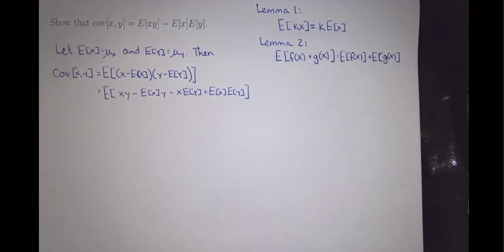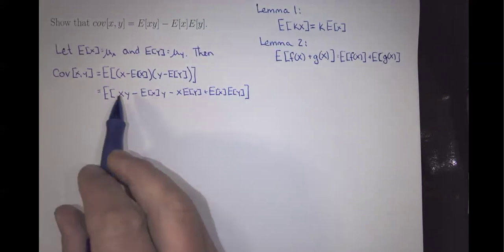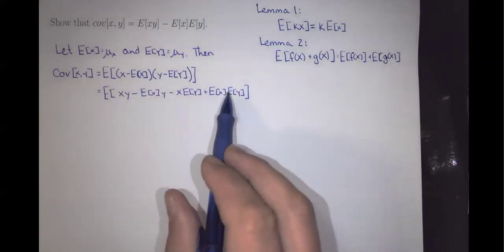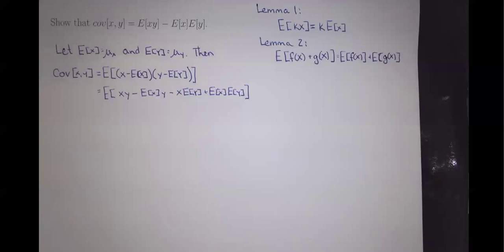Now, by our linearity property, the expected value of a sum by lemma 2 is equal to the sum of the expected values.